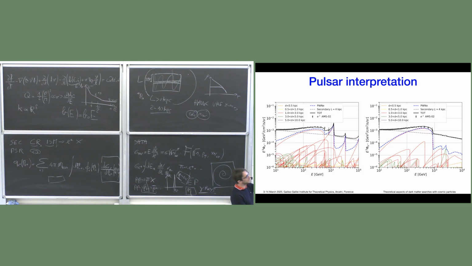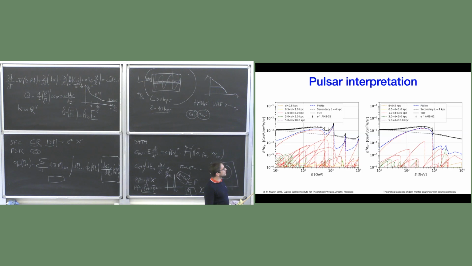If the age and the distance of the source take some specific values, you follow the data pretty well. In this case, the total contribution is smooth by construction, because it's one single pulsar and the emission of a single pulsar is smooth.